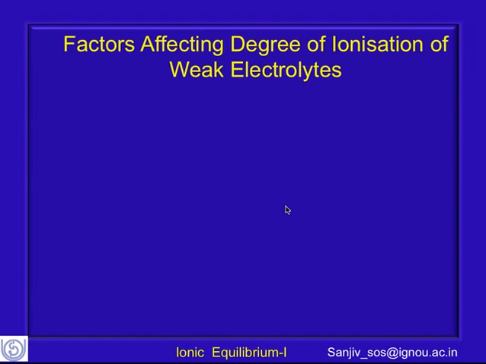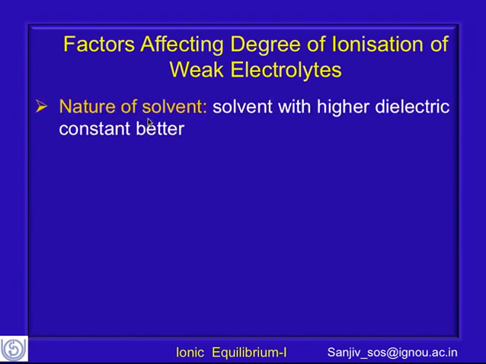Let's understand them. The first factor happens to be the nature of the solvent. Any solvent which has a higher dielectric constant is better. Take the example of acetic acid. If I take acetic acid in water, water is the solvent with the highest dielectric constant. It's a very good solvent.